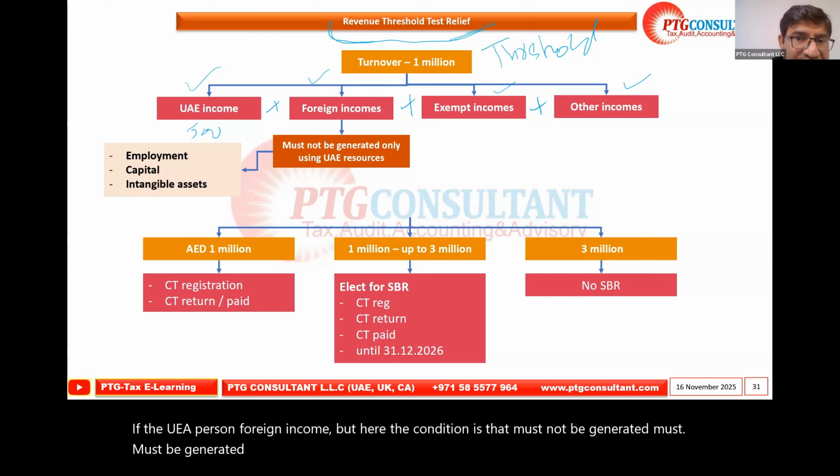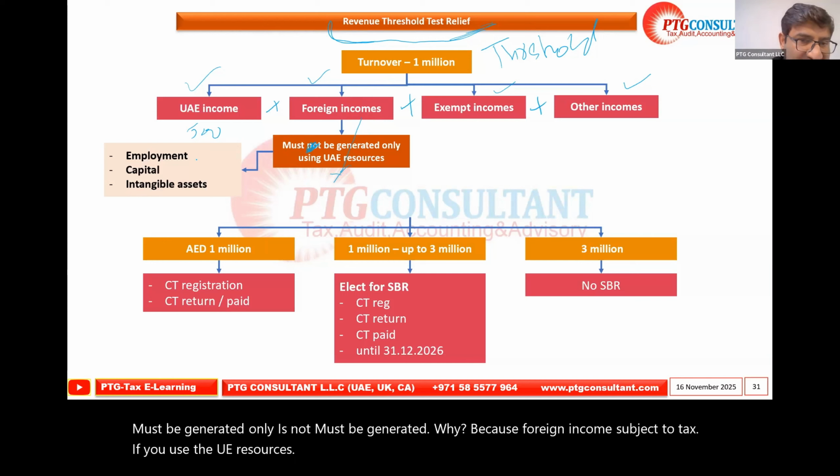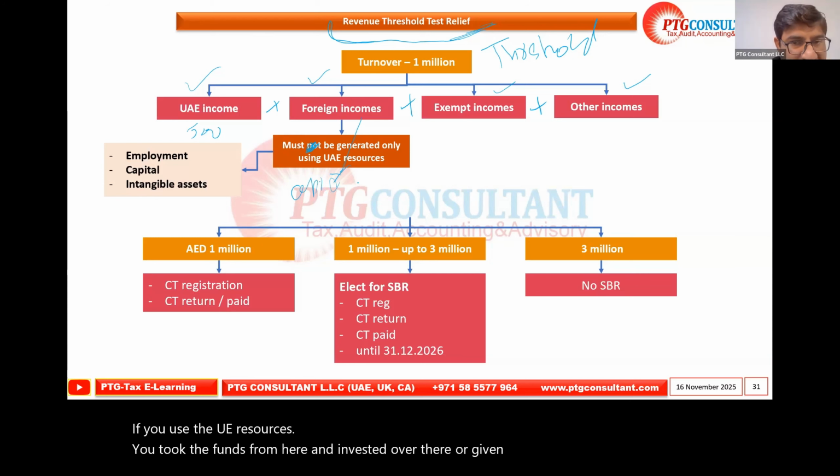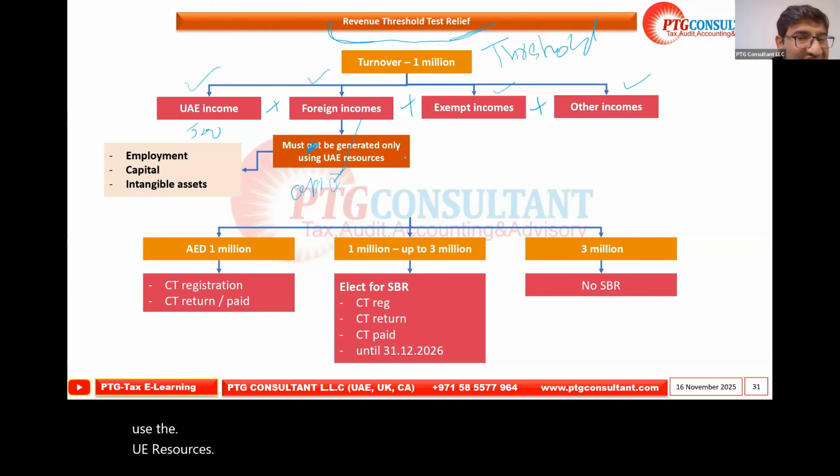If the natural person uses UAE resources, like taking the funds from here and investing over there, or giving a loan over there, or employment over there, then they say it is subject to tax. Then this criteria will be part of the threshold.